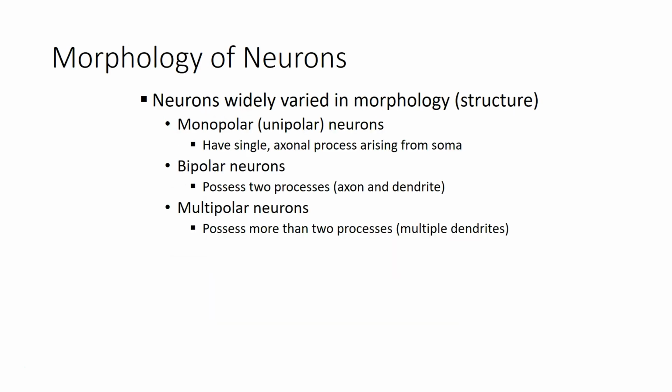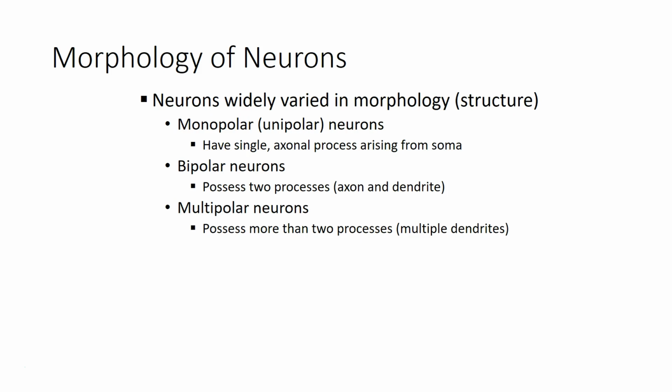Overall, there are a variety of neuron types that have to do with how much information the neurons take in. So these differences in terminology for monopolar, bipolar, and multipolar neurons all depend on how much information comes in through dendrites.